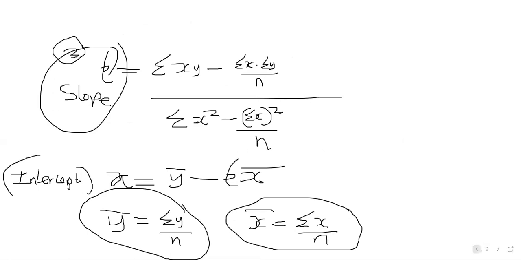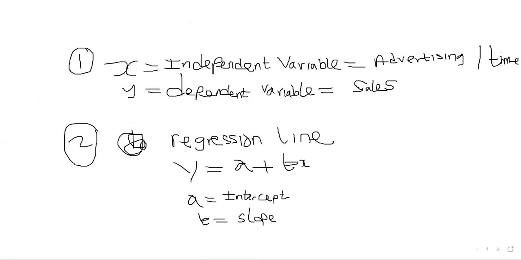The examiner will give you the formulas, but the most important thing to understand is the aspect of X, which is an independent variable, and also the other parameter, which is a dependent variable. By understanding these two variables, you will not make mistakes.